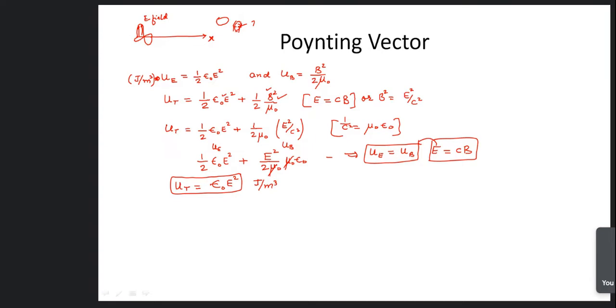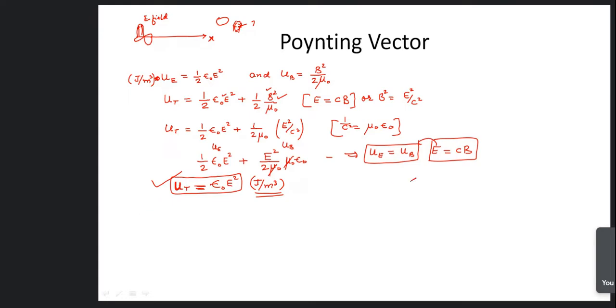I'm interested in writing the Poynting vector. I have an idea how much energy is there in unit volume, but from this I want to write what is the energy flowing through unit area in unit time. So how much energy flows through unit area?